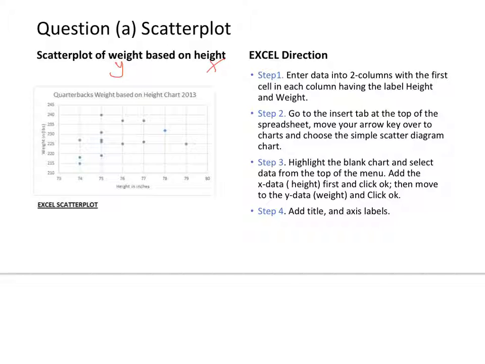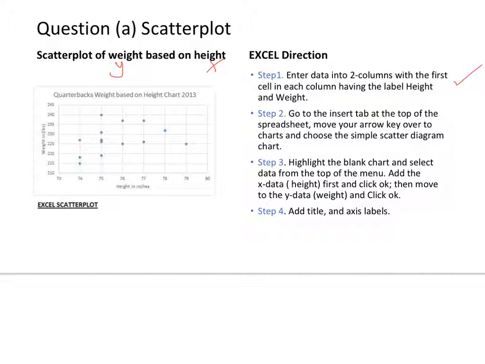So to do the scatter plot, we're going to use Excel this time. We will enter the data into two columns with the first cell in each column having the label height and the second column having weight. That's step 1.